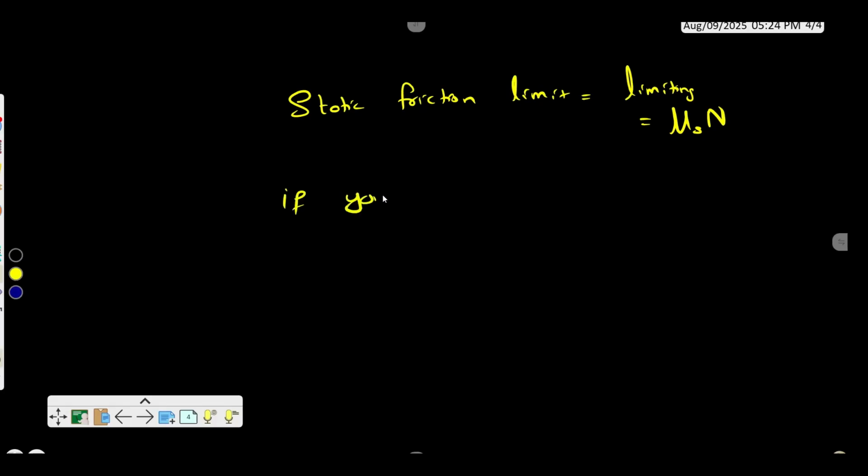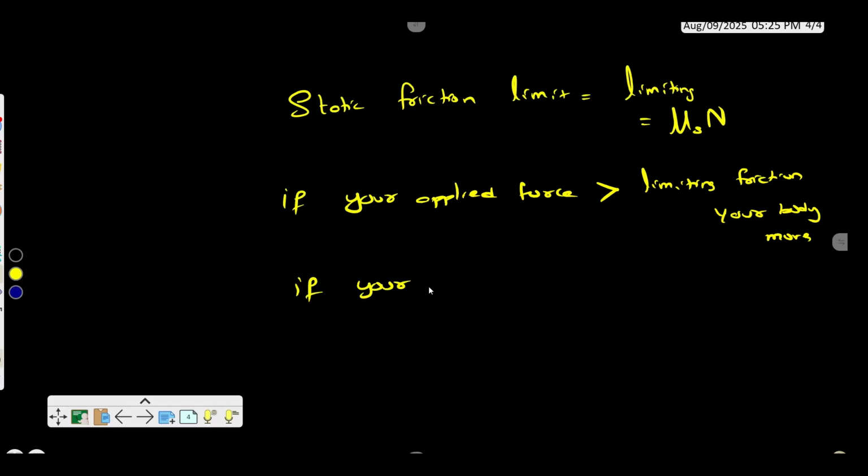If your applied force is greater than this limiting friction, then only your body moves. If your applied force is less than limiting friction, then the body doesn't move.